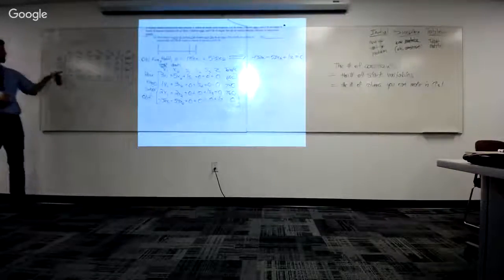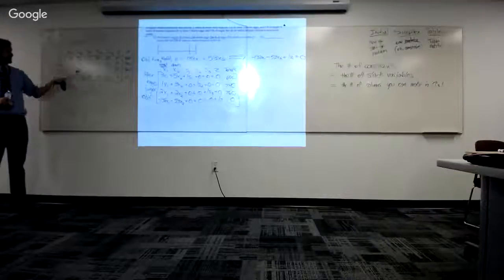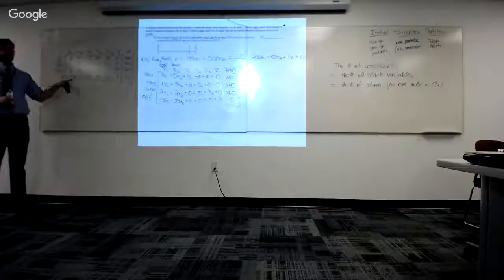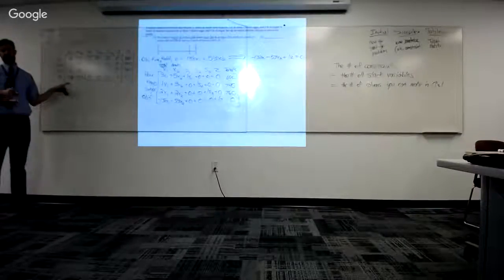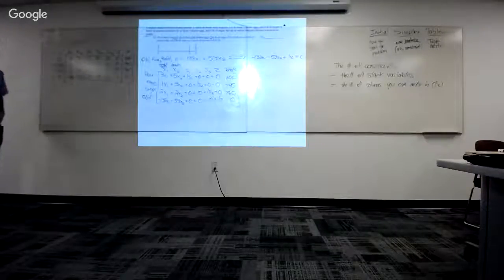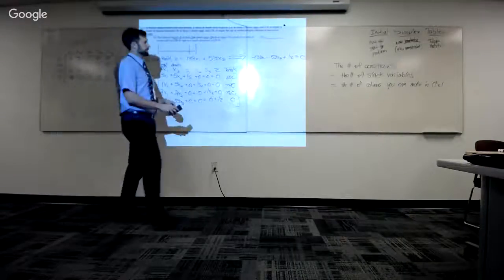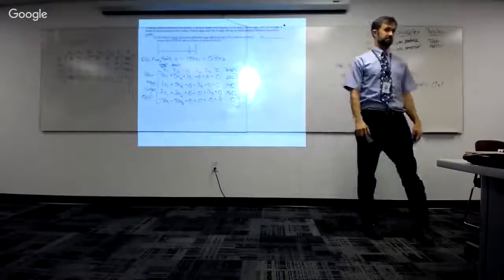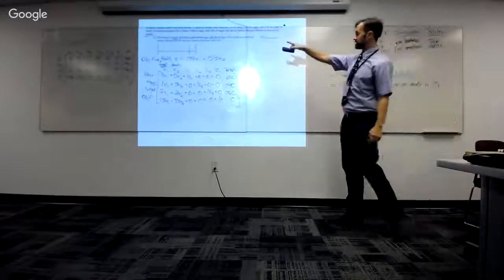And then over here is where you just put in all the coefficients from your constraints and the negative coefficients of your objective function. So there is a method to the madness that you could do much faster by knowing where everything goes. Is that the answer? That's the initial simplex tableau. That's the answer to that problem, because all they wanted us to do was set it up.